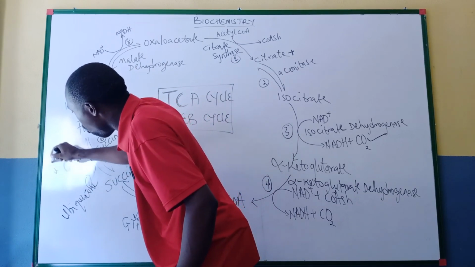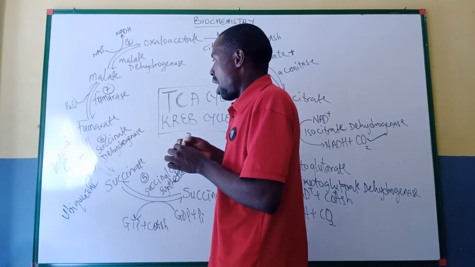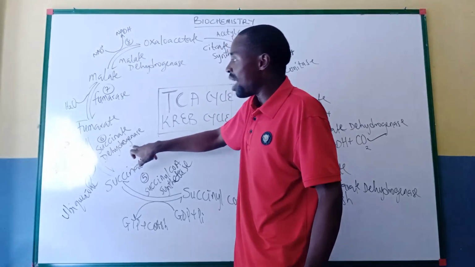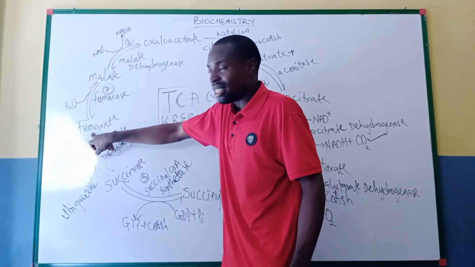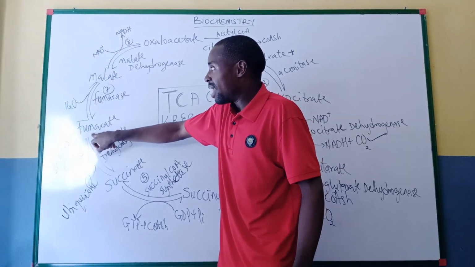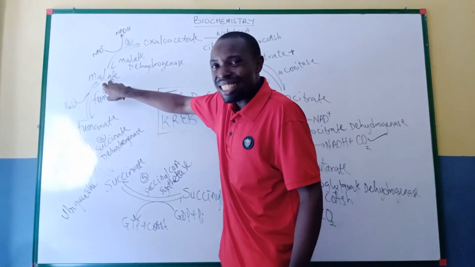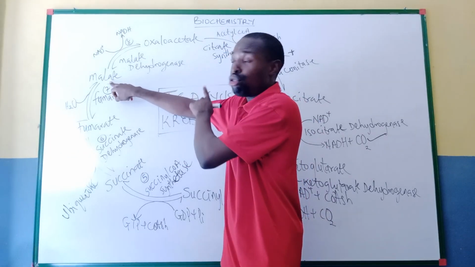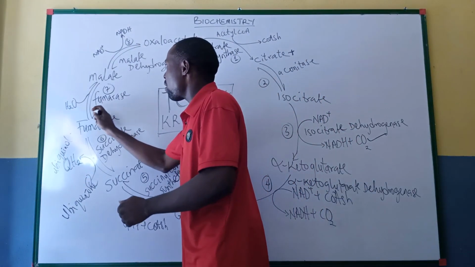The enzyme involved is called succinate dehydrogenase. When that happens, fumarate is produced. In the presence of water, fumarate gives malate as the next substrate, with the enzyme fumarase.